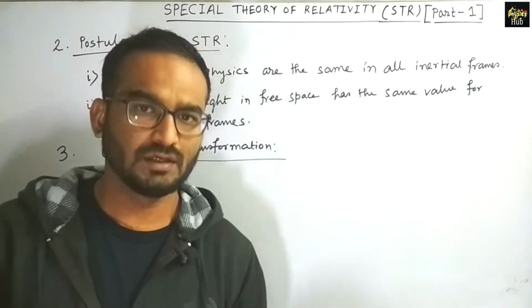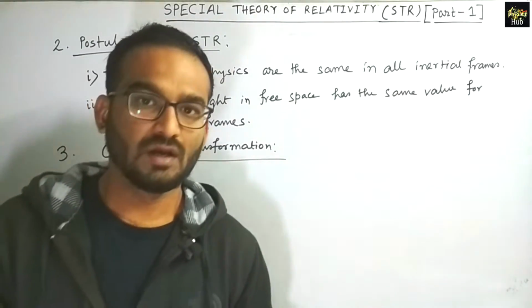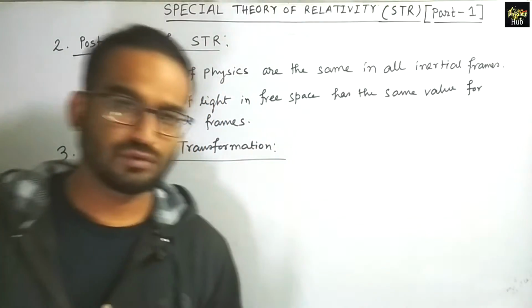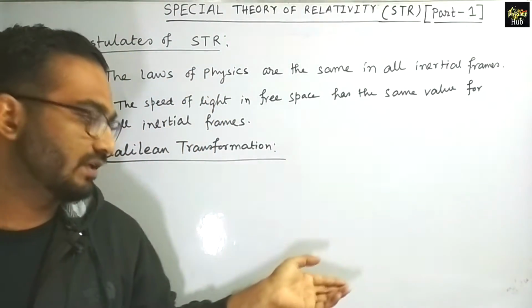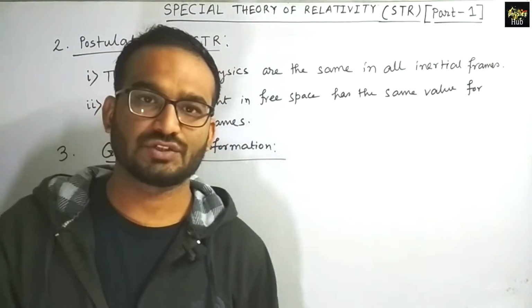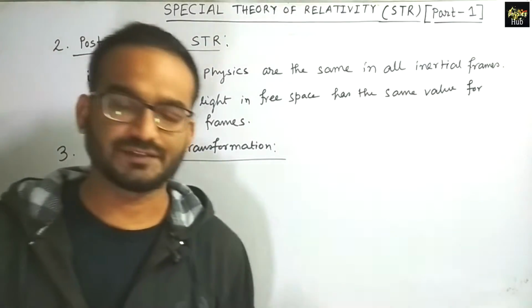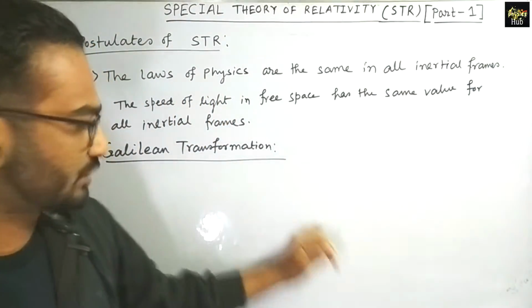That's why we need Lorentz transformation to tackle the cases of electrodynamics. But for the time being, we should know about Galilean transformation, and why we required some other transformation to tackle all the cases other than Newtonian mechanics.